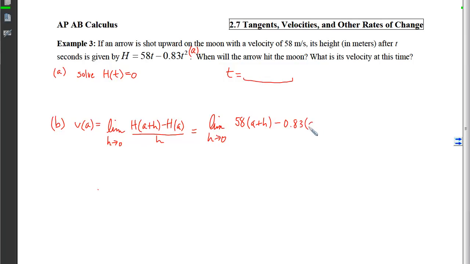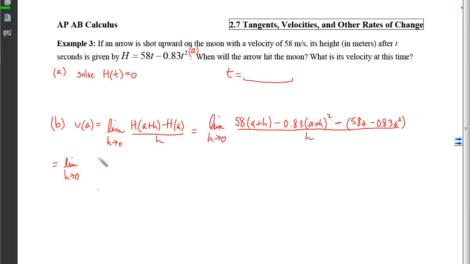Notice everywhere that there's a t, I'm going to plug in an a plus h, and then I'm going to subtract this output when an a is plugged in. And that will all be divided by an h. h can't be equal to 0 because we'll divide by 0, so again we're going to have to simplify.